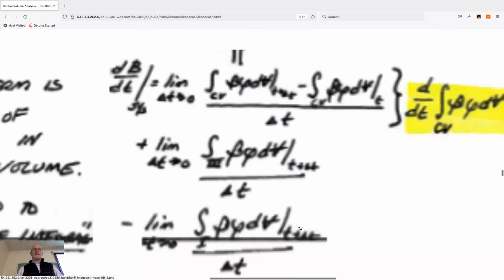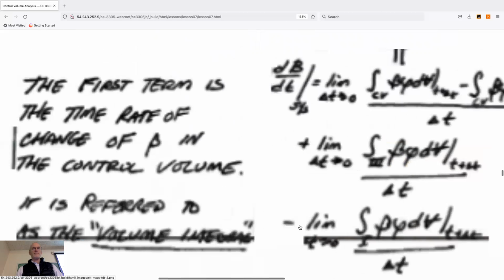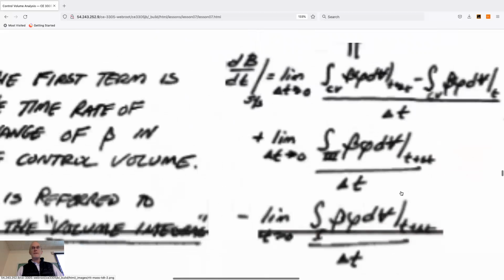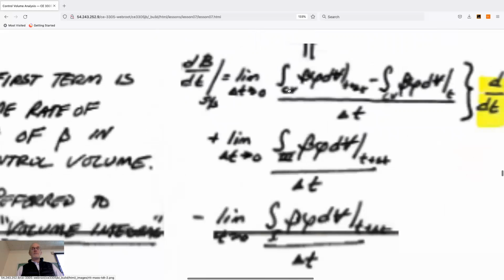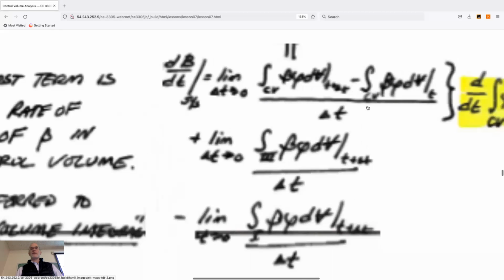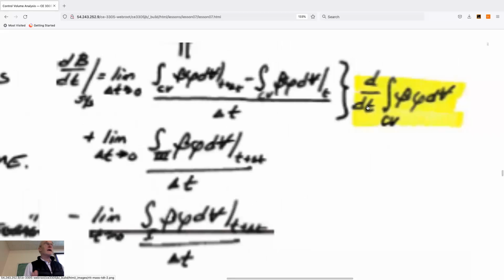We can examine that a little further and observe the first term. The integral over the control volume of beta rho dV at time t plus delta t minus the integral over the control volume of beta rho dV at time t, over delta t, happens to be equal to the time rate change of the integral over the control volume of beta rho dV.